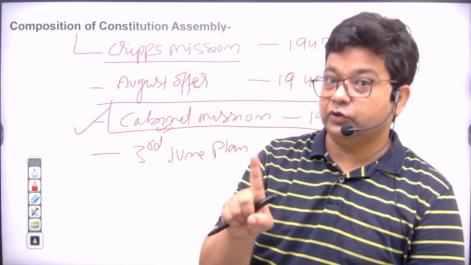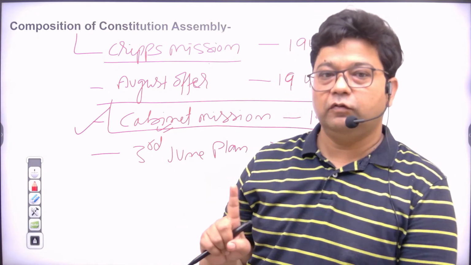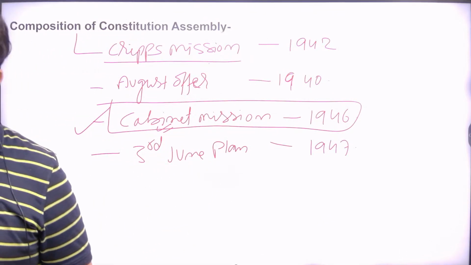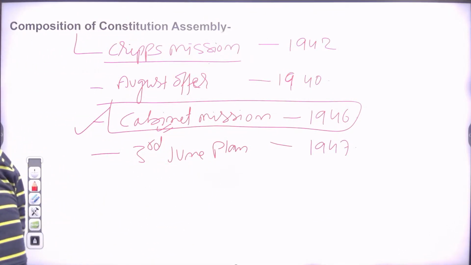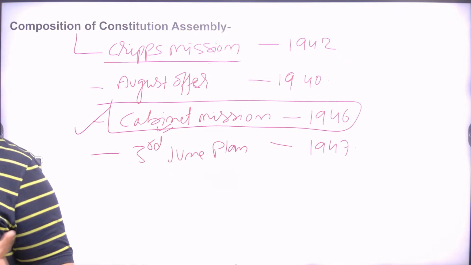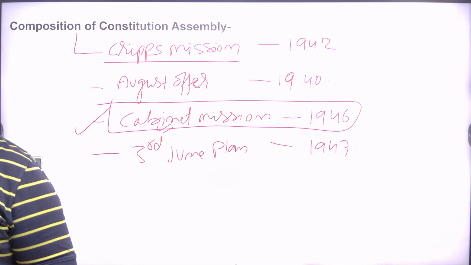I'm not asking about the Muslim League. I'm asking about the Indian National Congress, the ground on which it rejected the Cripps Mission.